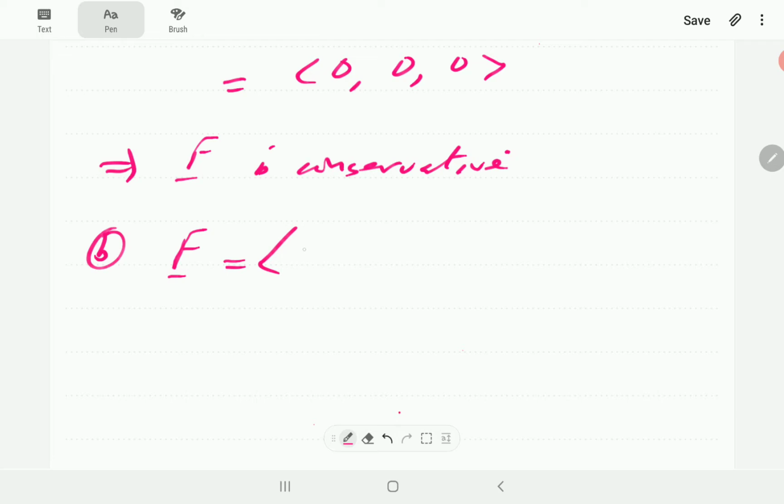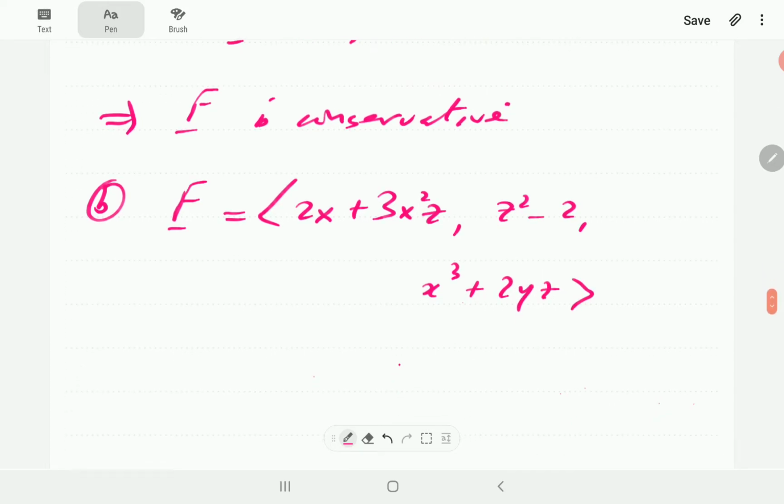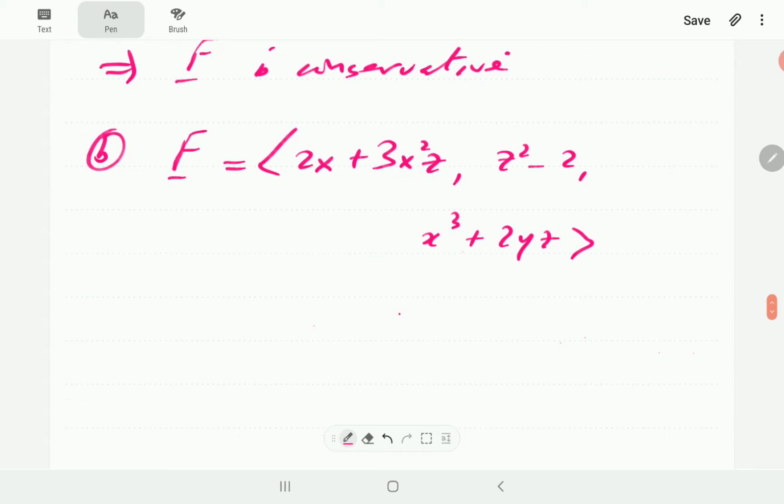So here we have got 2x plus 3x squared z for the x component, z squared minus 2 for the y component, and for the z component we've got x cubed plus 2yz. Now this is equal to the gradient of phi, so we've got phi x here, phi y, and phi z here.